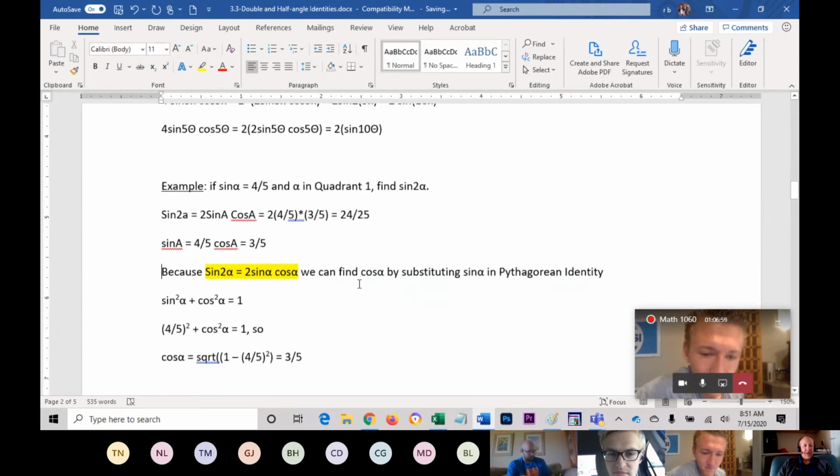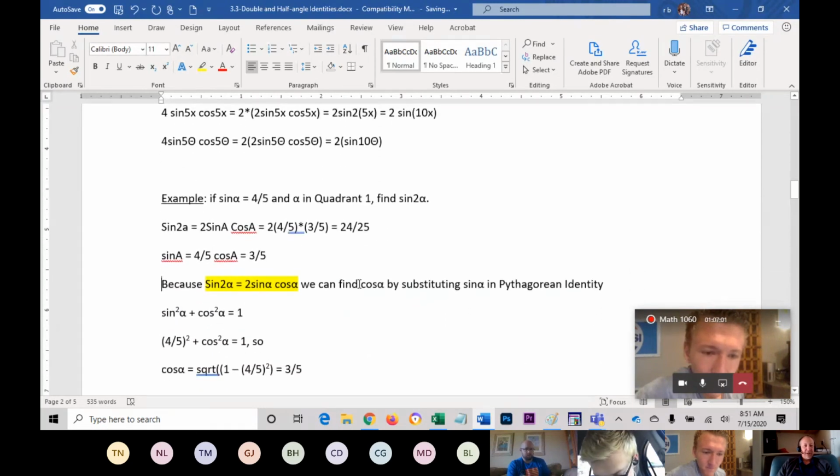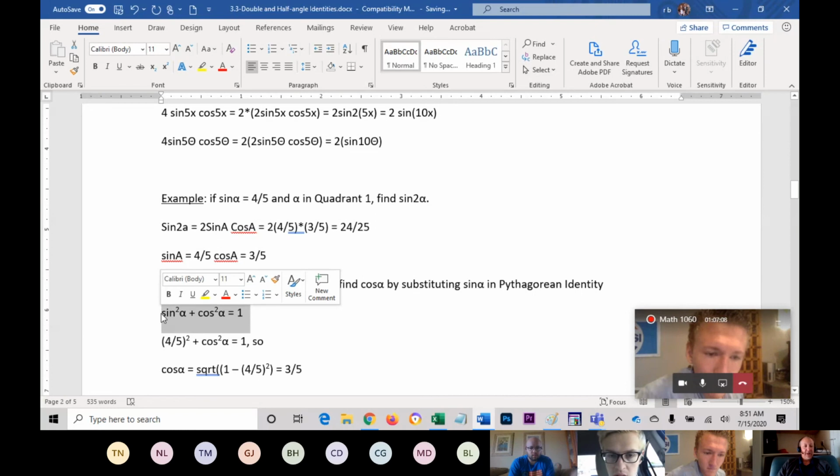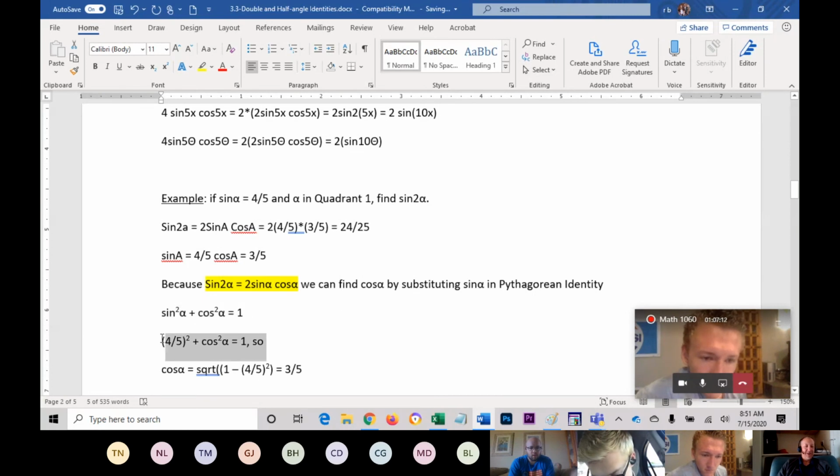Okay, so there you are. Oh, there was another way to do that. You could have also done the Pythagorean identity. I didn't even think of that, but I liked our way better.